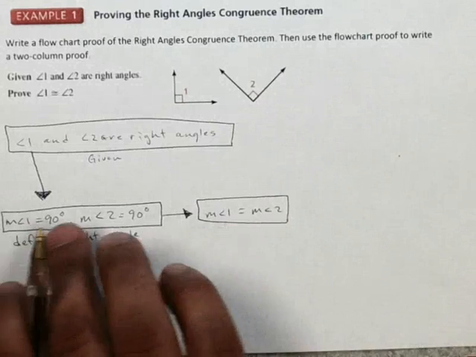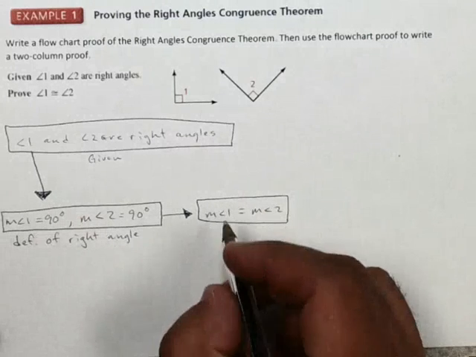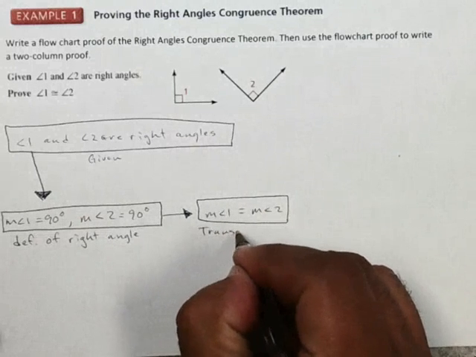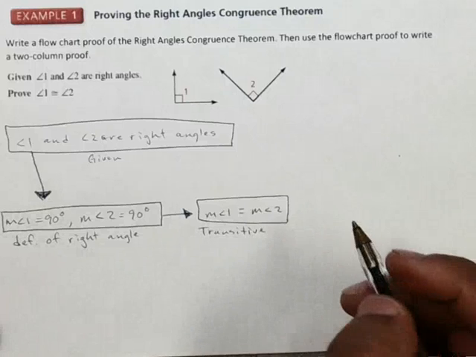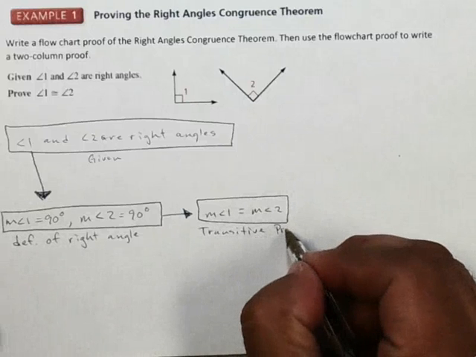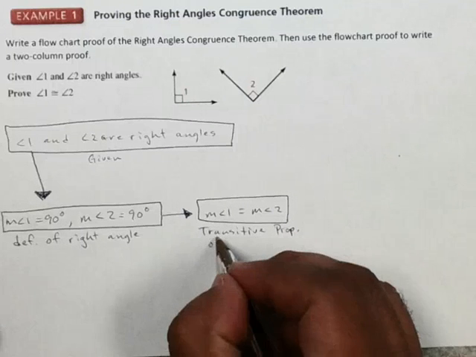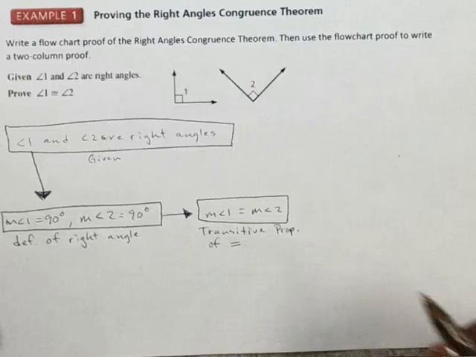We would call this the transitive property, which I'm going to abbreviate as the transitive property of equality.